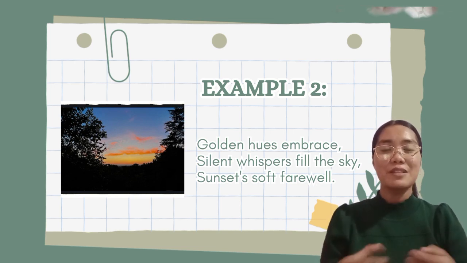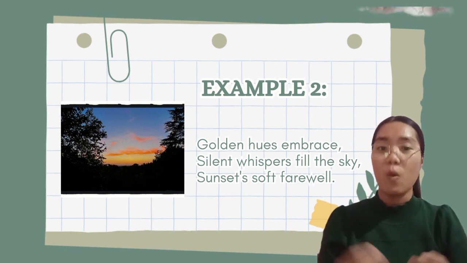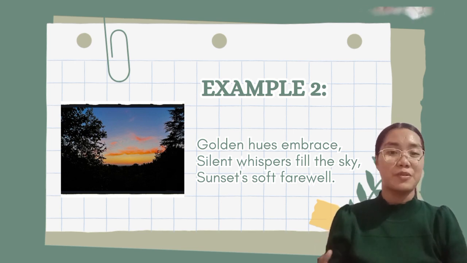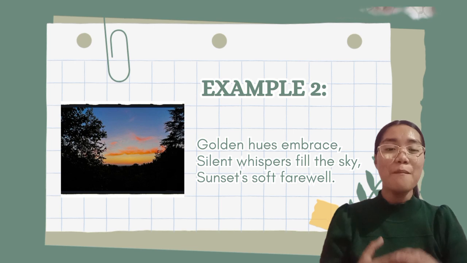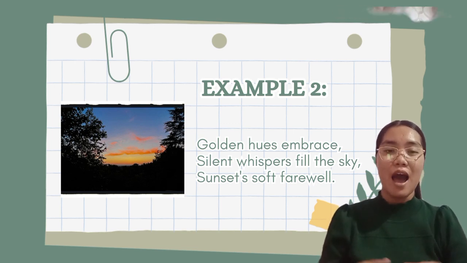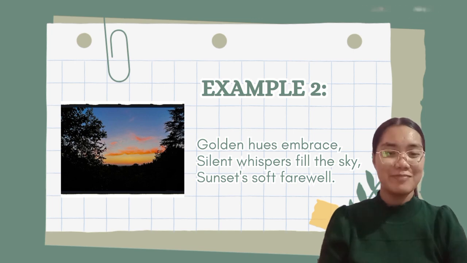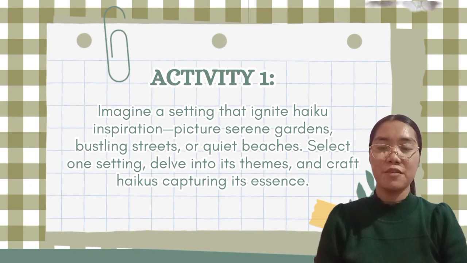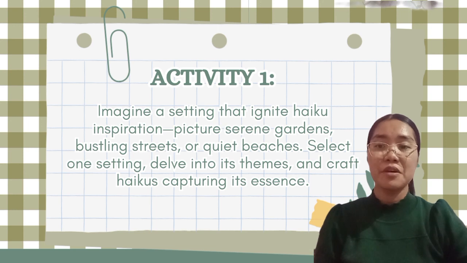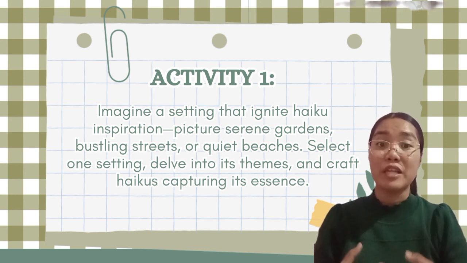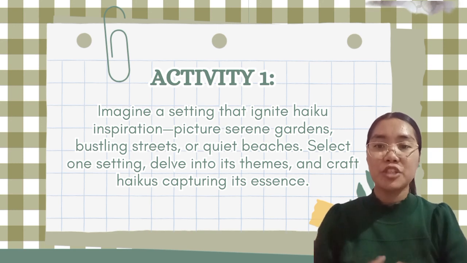And now, since you already know what is haiku and its characteristics and examples, we will delve into the first activity. Let me read it first. Imagine a setting that ignites haiku inspiration. Picture serene gardens, bustling streets, or quiet beaches.